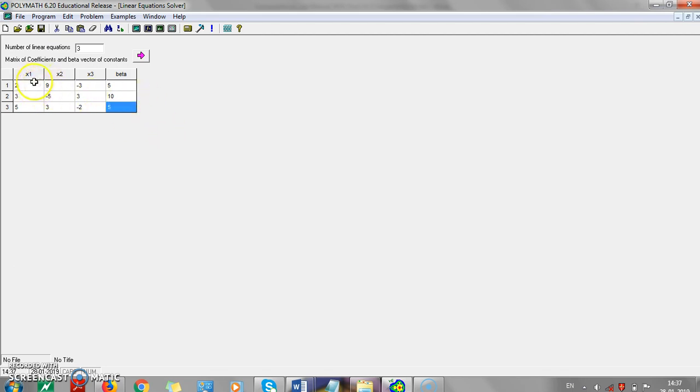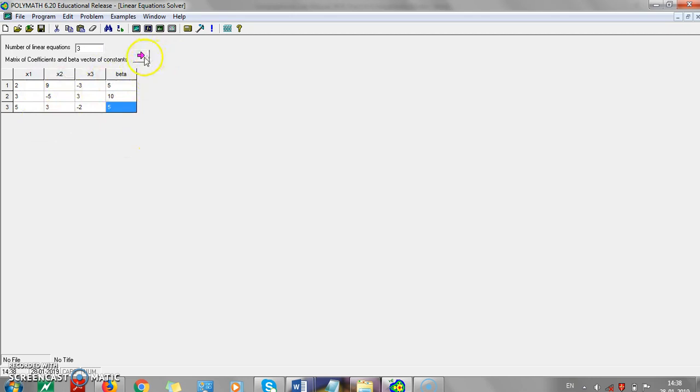So this is taken as 3x1 plus 9x2 minus 3x3 equals 5, 2x1 minus 5x2 plus 3x3 equals 10, 5x1 plus 3x2 minus 2x3 equals 5. This is how we can read this as an input, and many times we encounter such a set of linear equations in chemical engineering.